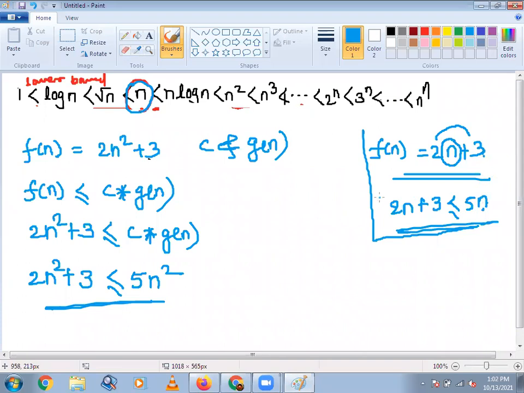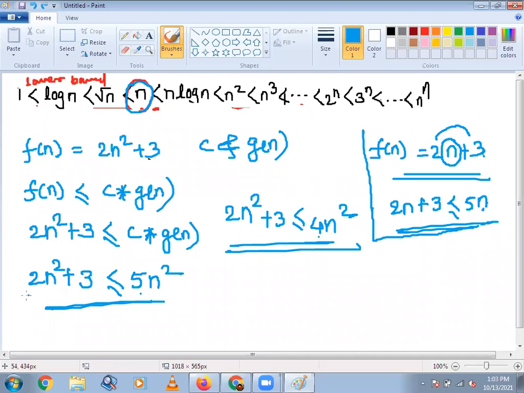Suppose someone has taken, because C is any positive constant, 2n square plus 3 less than or equal to 4n square. Does this satisfy the equation if n is equal to 1? No sir, this is not satisfied.